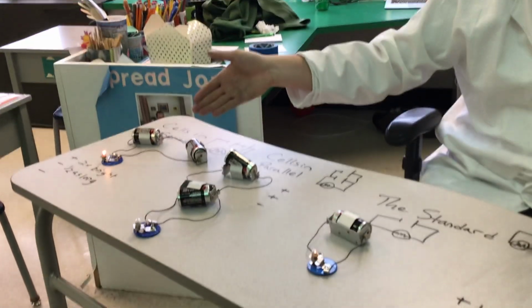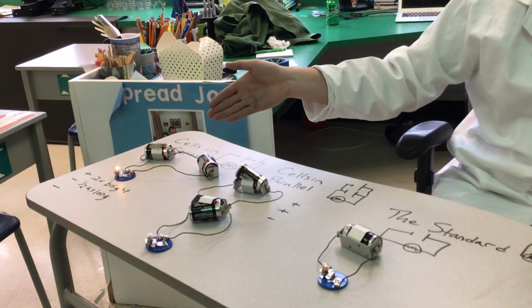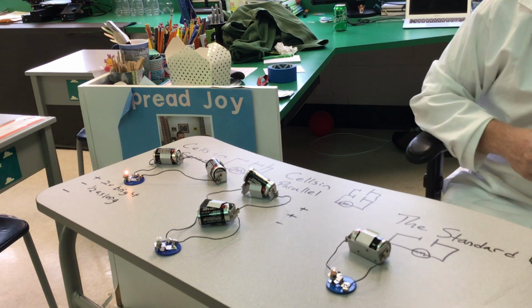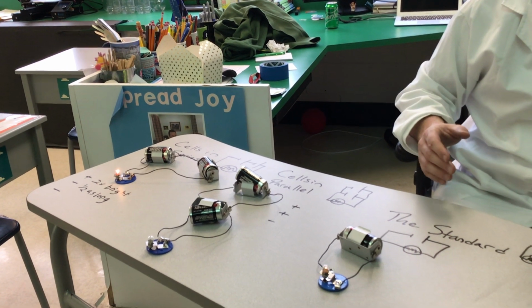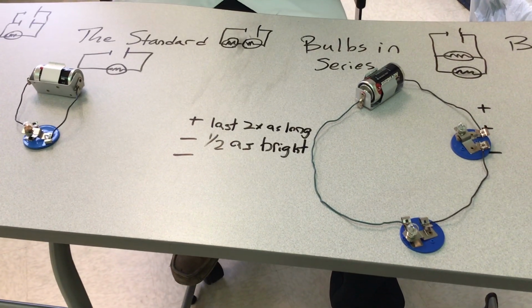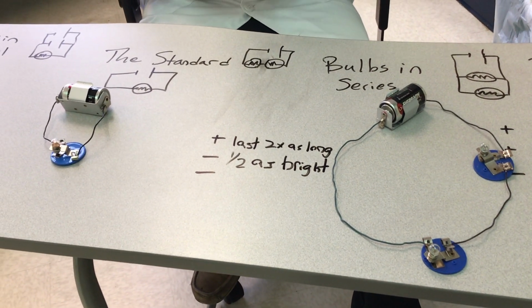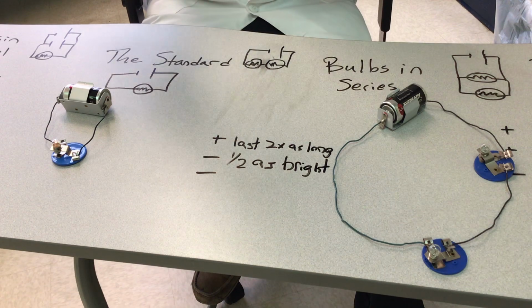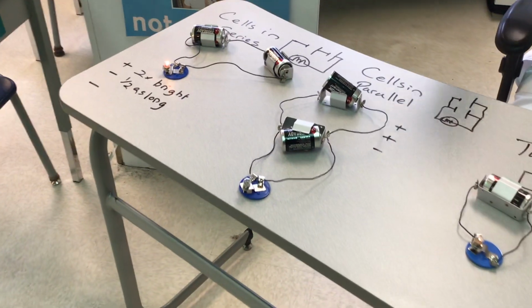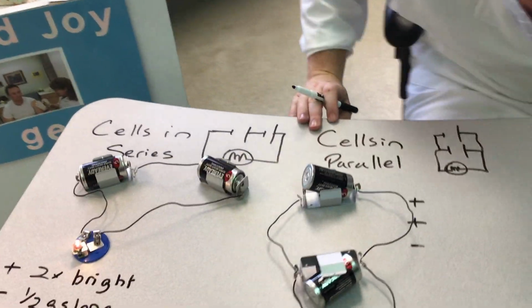Now over here, if you really need a spotlight or a flashlight, you need it to be super bright, you're going to sacrifice the bulb to have the illumination, okay? So let's move into the two most interesting leftover circuits. So we've got half as bright, 2 times as bright. Let's go over to the cells in parallel.